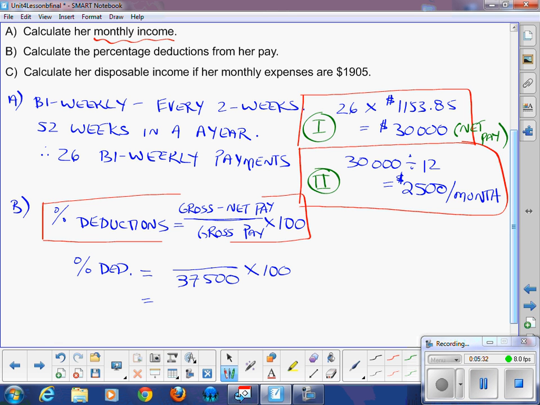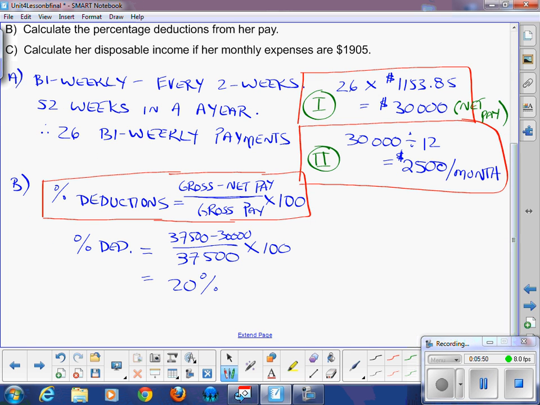So it would be 37,500 minus the 30,000. We wanted to divide how much was taken off the paycheck. So that would be 7,500 divided by 37.5, and we end up with 20%. Therefore, Lindsay has a 20% deduction.